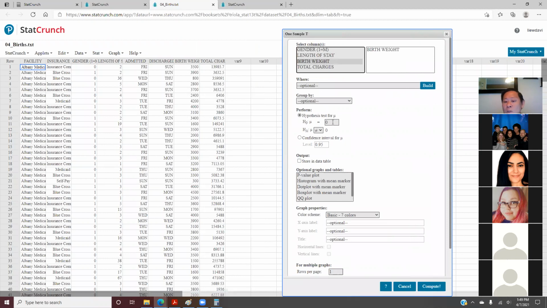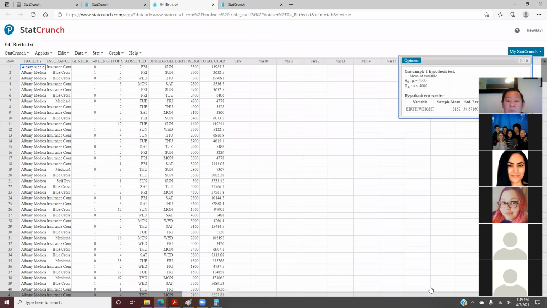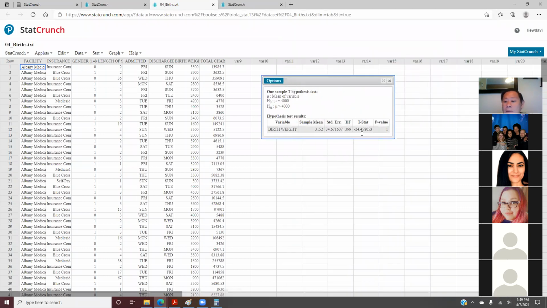Then I will give you the claim statement, that babies born are more than 4,000 or something like that. You just need to do it like this, and then you hit compute, and this is your answer. This is just an example I'm using, okay? That's a hefty baby.